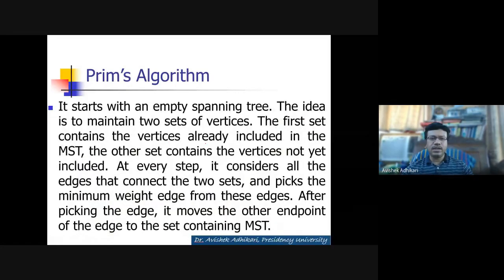What does it say? The first set consists of the vertices already included in the minimum spanning tree. The other set contains the vertices not yet included. That means V1 and V2. At every step, it considers all the edges that connect the two sets and picks the minimum weight edge. After picking the edge, it moves the other endpoint of the edge to the set containing the MST.